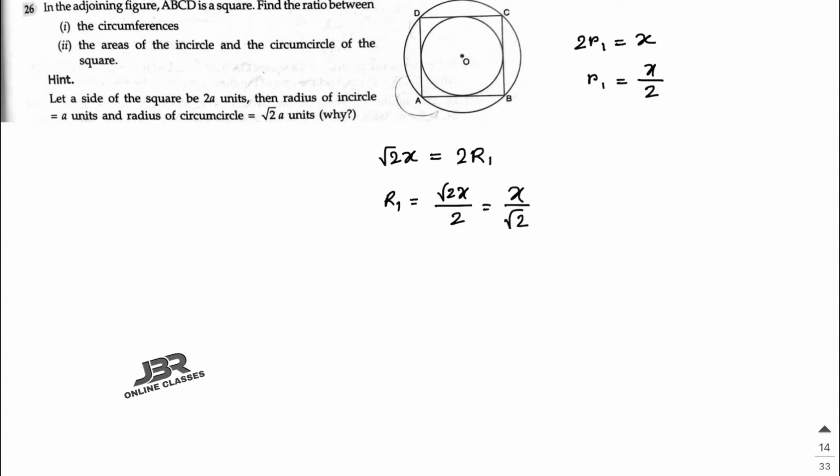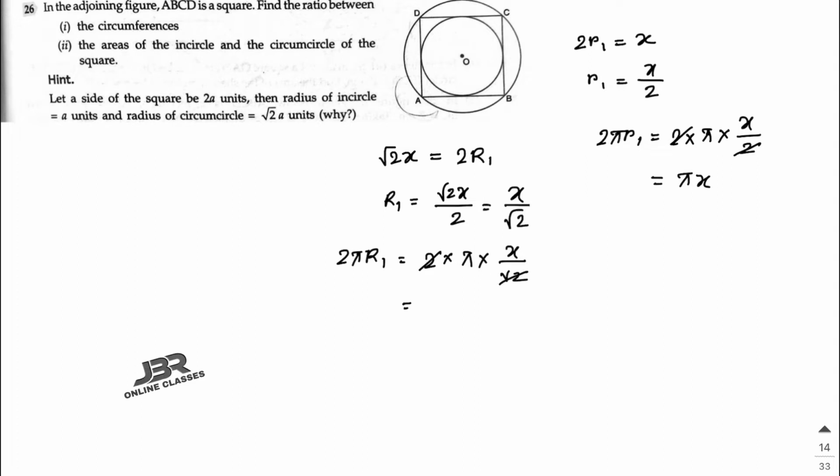Now we have to find out the circumference. So 2 pi r1 equals 2 into pi into x by 2, the 2 cancels out, so pi x. And 2 pi R1 equals 2 into pi into x by root 2, that means it cancels out, so root 2 pi x.